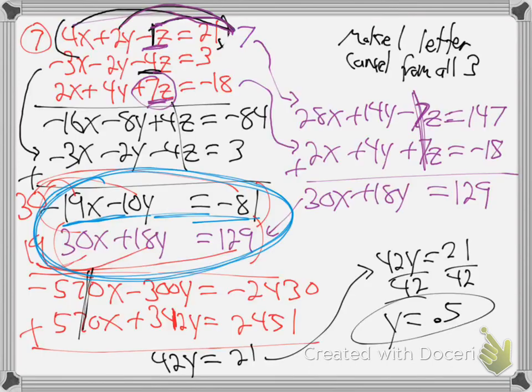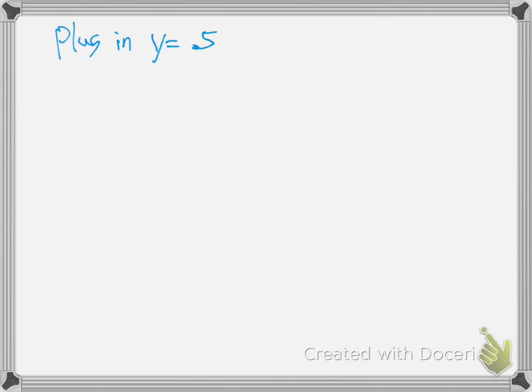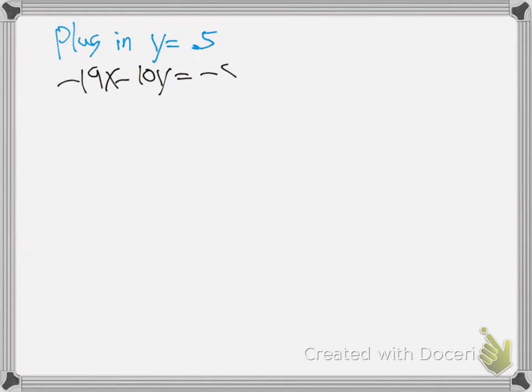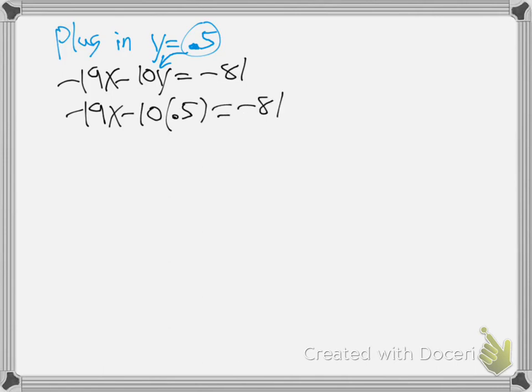So, plug y is 0.5 into minus 19x minus 10y. Minus 19x minus 10y is minus 81. So grab that 0.5 and plug it in right there. What do we got?